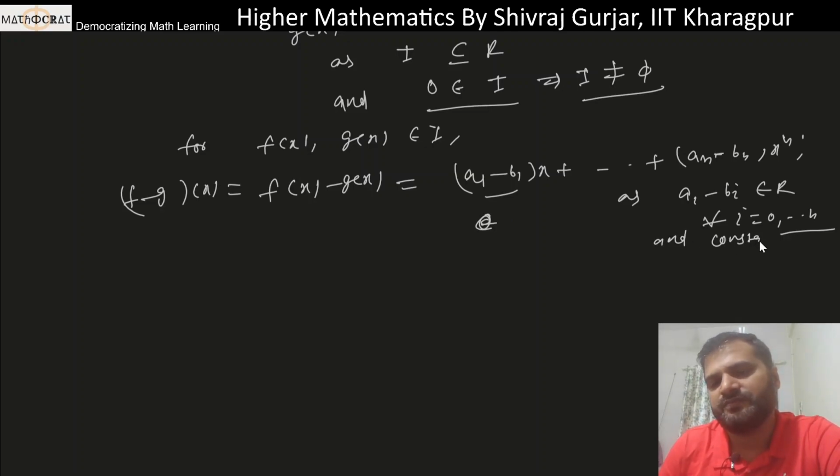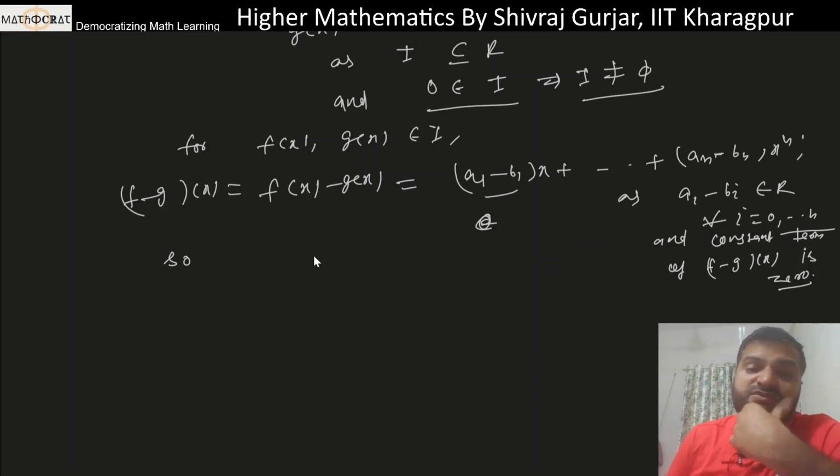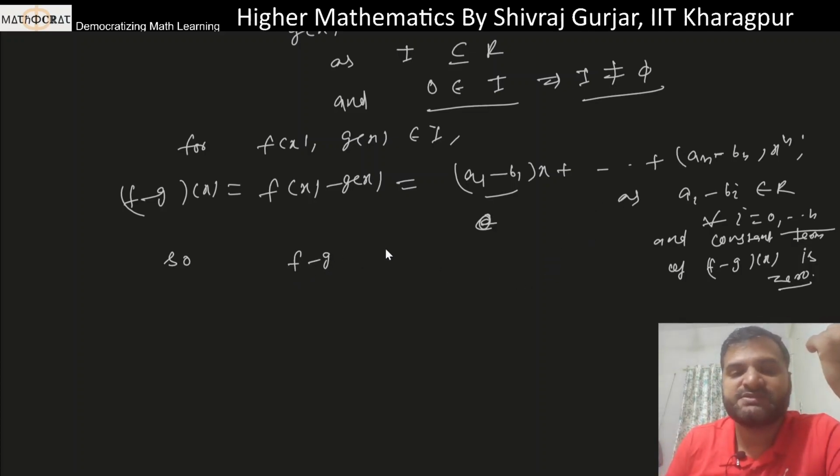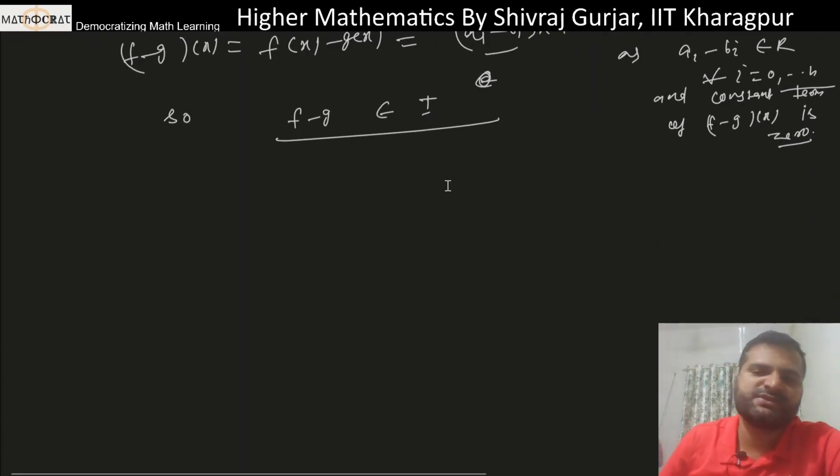and the constant term of f minus g(x) is 0, ठीक है, so the constant term is 0. So what will happen, then we can say that f minus g belongs to I, we can say this function belongs to I. Okay, so first condition satisfied.